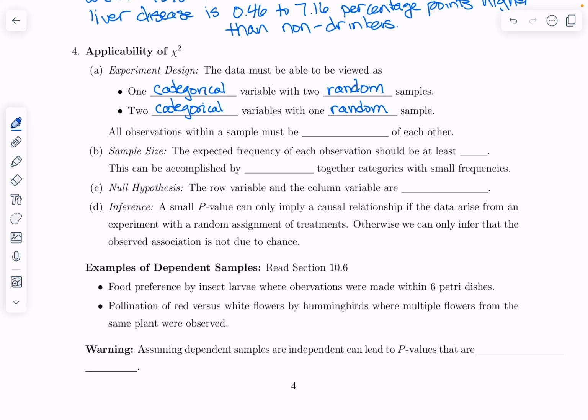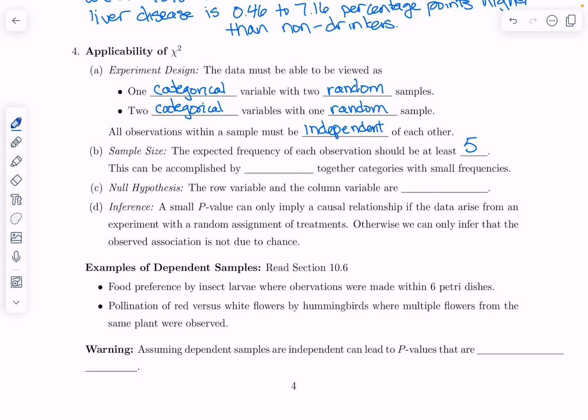And all observations within a sample must be independent of each other. The expected frequency of each observation in a contingency table should be at least 5. The number of observations doesn't have to be 5, but the expected frequency of every observation, which generally appears in parentheses in the 2x2 contingency table, has to be at least 5.